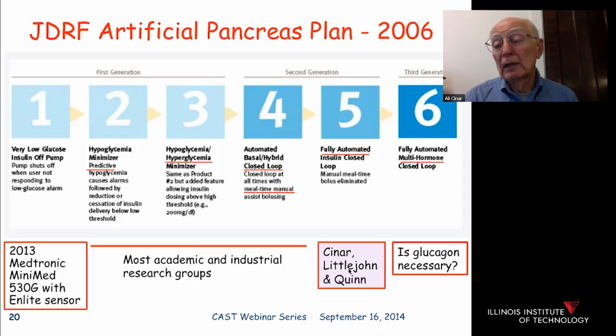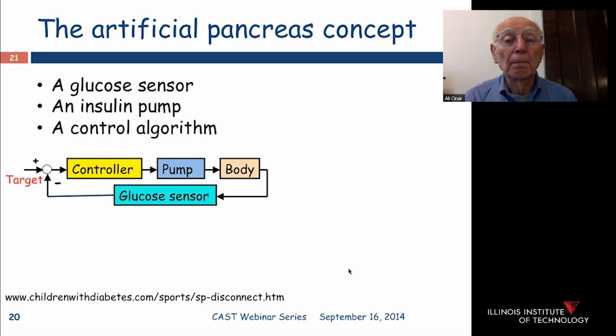And then there is an ongoing debate on whether glucagon is necessary or not, but more and more with the availability of glucagons that are longer-term stable, this is becoming a direction that most people are favoring nowadays.